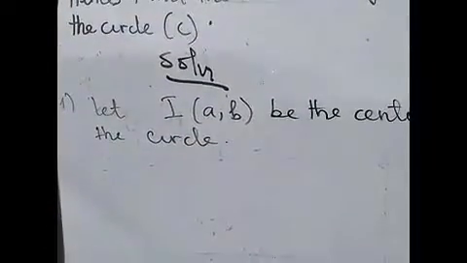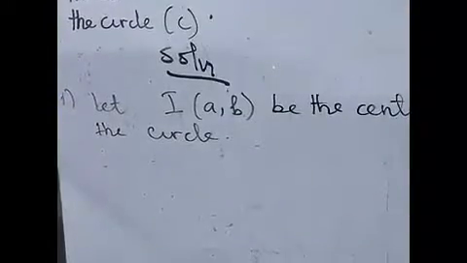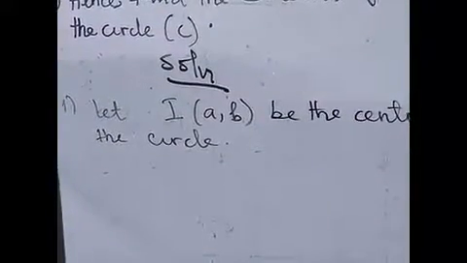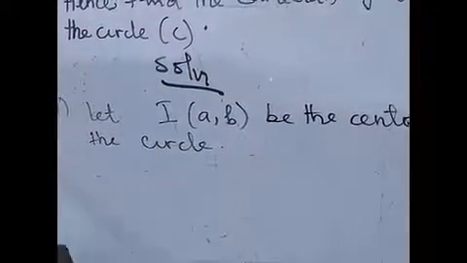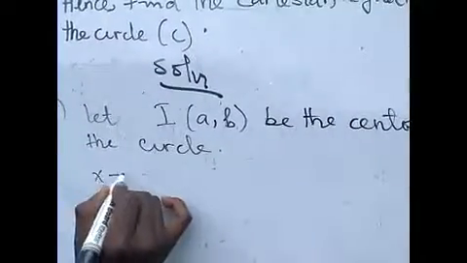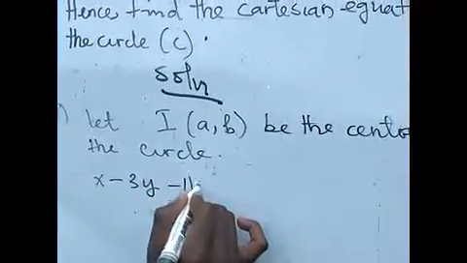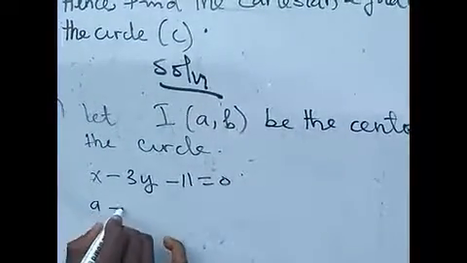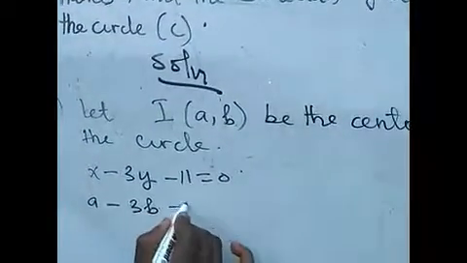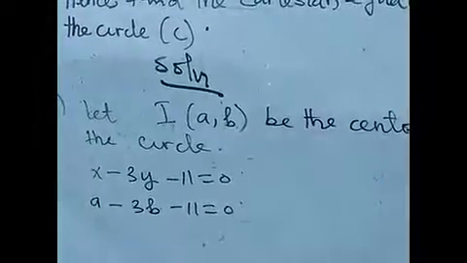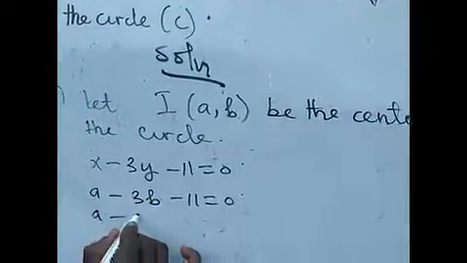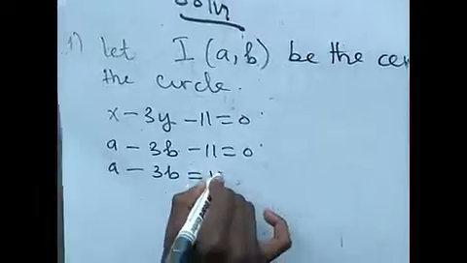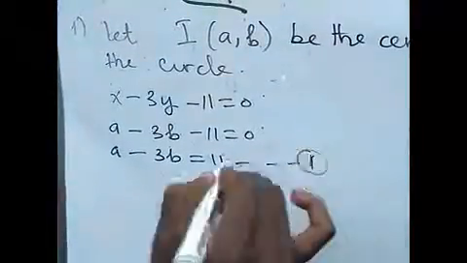Since the line passes through the center of the circle, we are going to say x minus 3y minus 11 equals 0, which implies a minus 3b minus 11 equals 0, which will give us a minus 3b equals 11, equation 1.